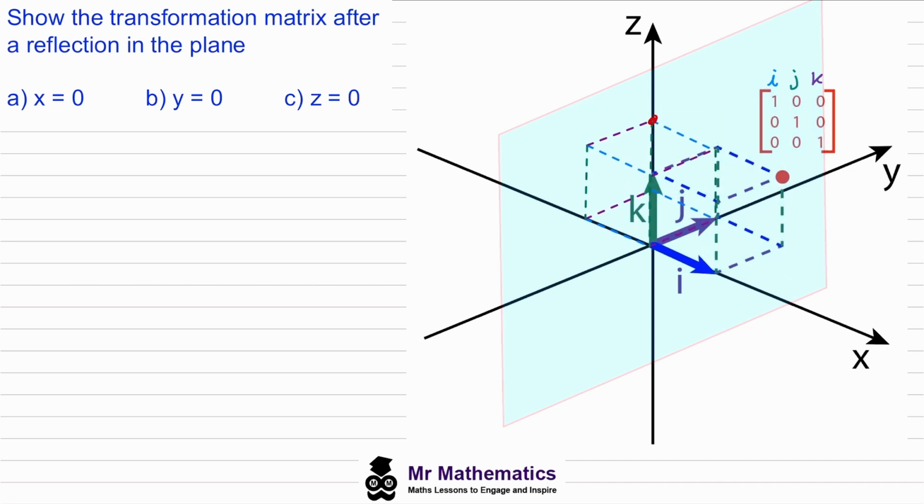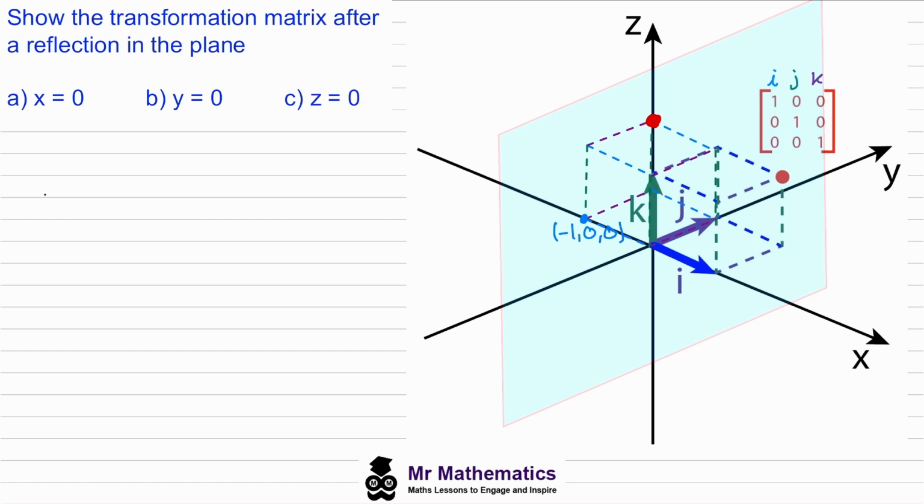So the point will be here. You can see that the j direction remains the same, 0, 1, 0. The k direction remains the same, but now the I direction has changed. The I direction is now over here, so the I coordinate will be -1, 0, 0, and the J and the K will remain the same.